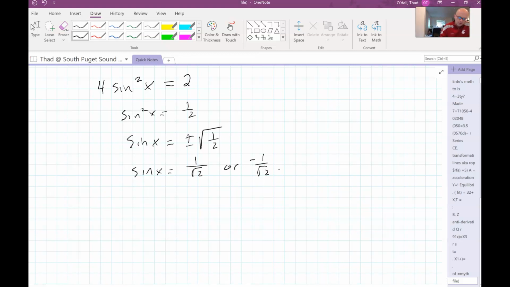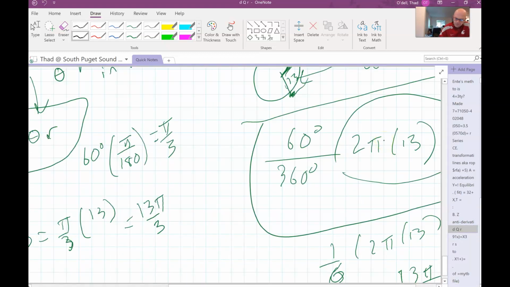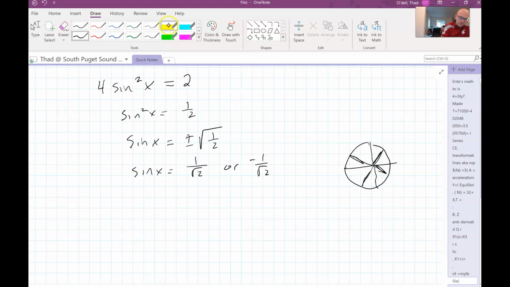And again, at this point we're going to take the arc sine of both sides, but what we're really doing, because these are clearly friendly angle answers, is we're thinking about the unit circle, and we're saying what angle would produce 1 over rad 2 and negative 1 over rad 2. And of course that's all the multiples of 45, right? So for sine, these two would produce the positive, and these two would produce the negative.